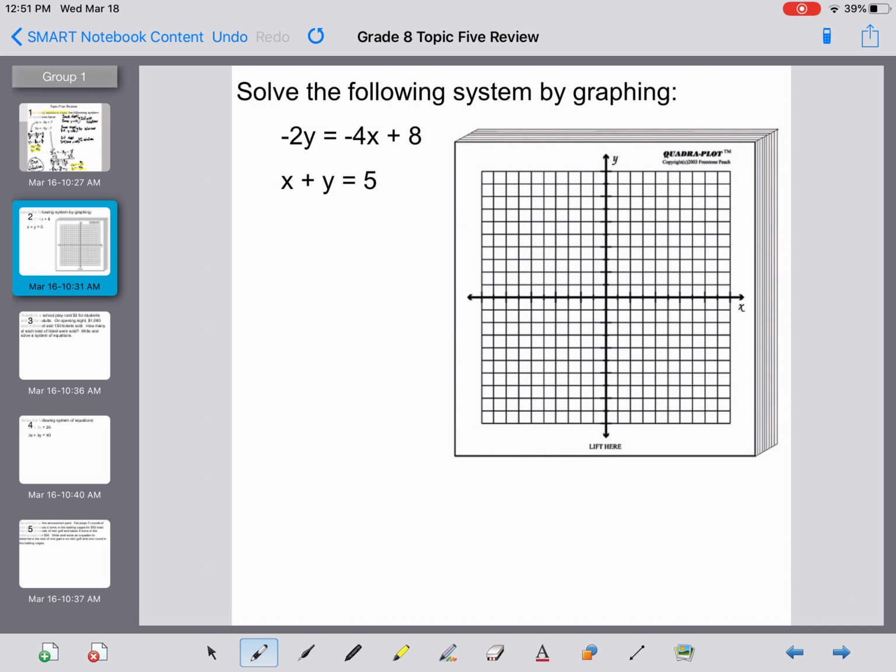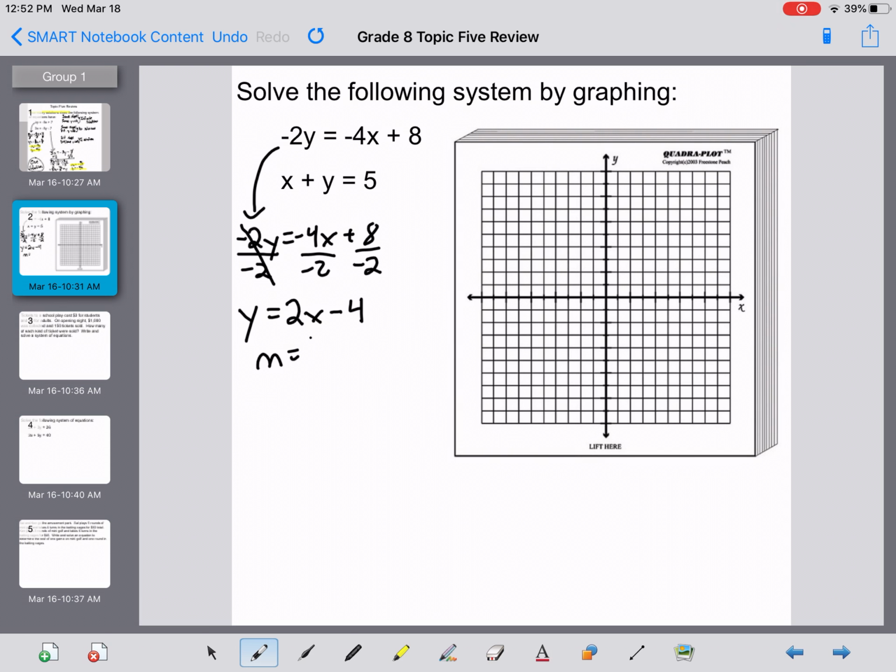In order to graph these, I need to get them into y equals mx plus b form. I'm going to do that for my first equation first. I have negative 2y, so I can divide everything by negative 2. When I do that, my negative 2's cancel out, and I'm left with y equals 2x minus 4.